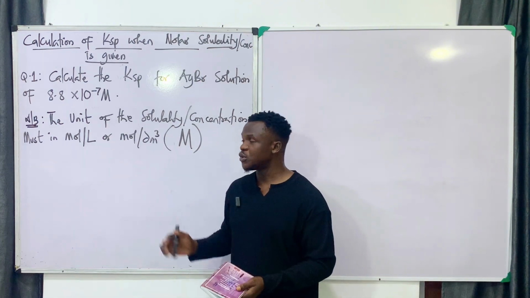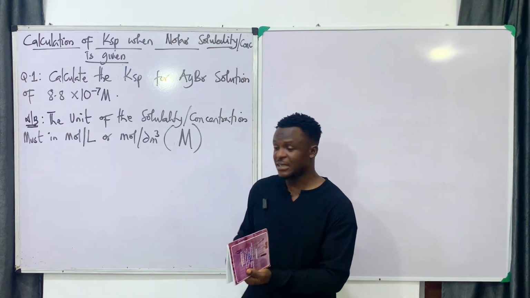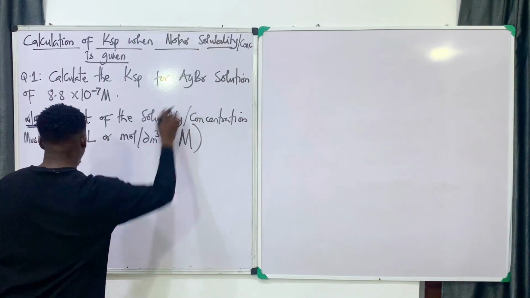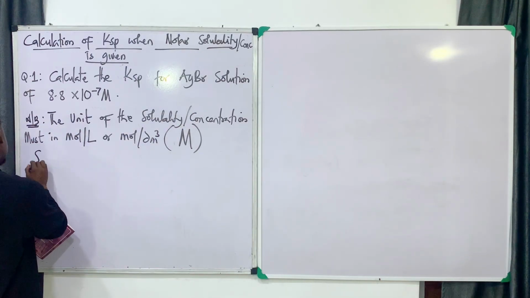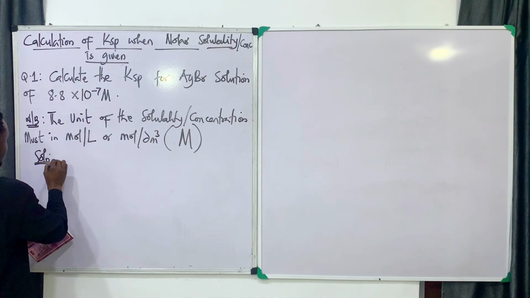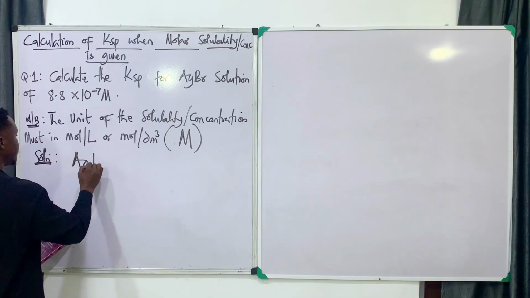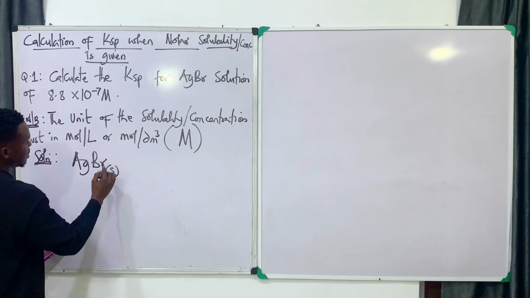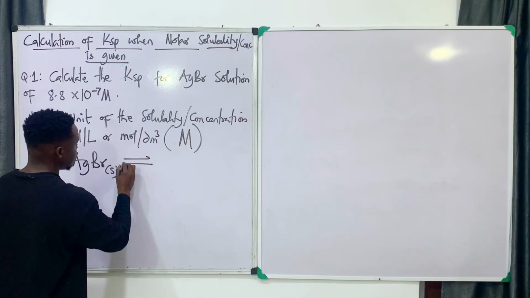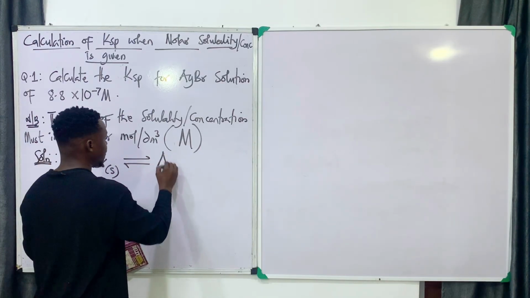Now the first thing you're going to do to get this answer is to first write the equilibrium expression. So I'll say solution AgBr. This is a solid. If this dissociates in water, we're going to have Ag+ and Br-.